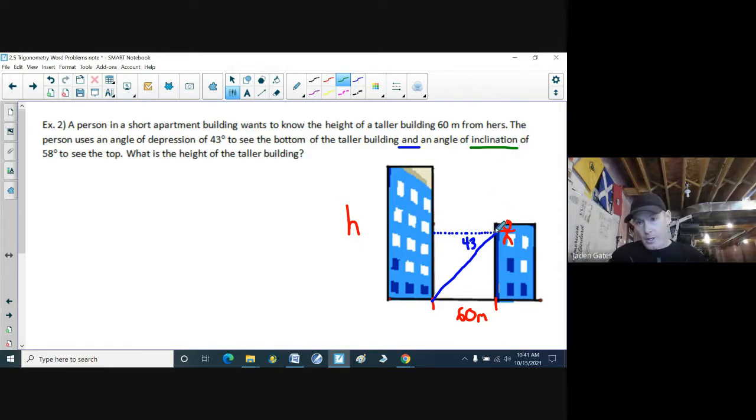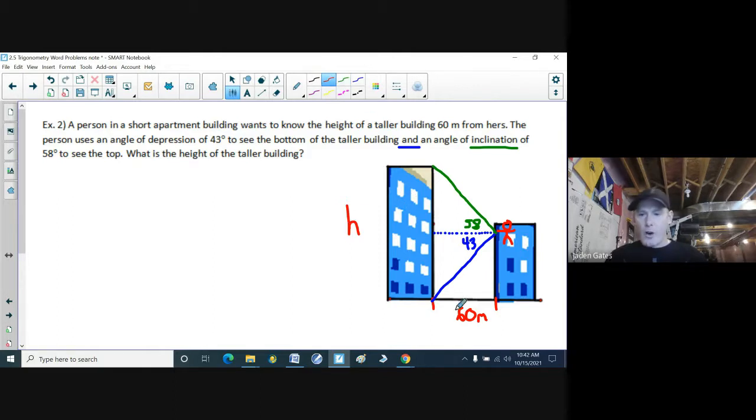So again, that dotted line refers to straightforward vision, but they've got to look up to the taller building. And so between the dotted line and the green line here, the angle is 58 degrees. So put a little 58 in there. And what we want to know is the height of the taller building.